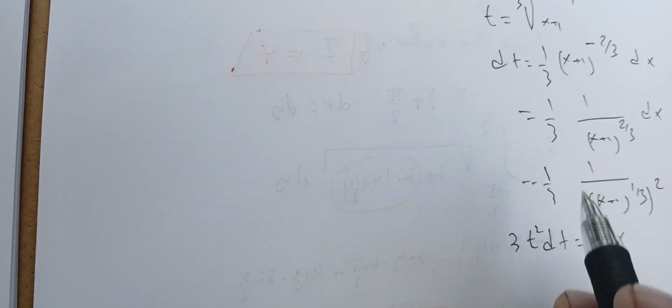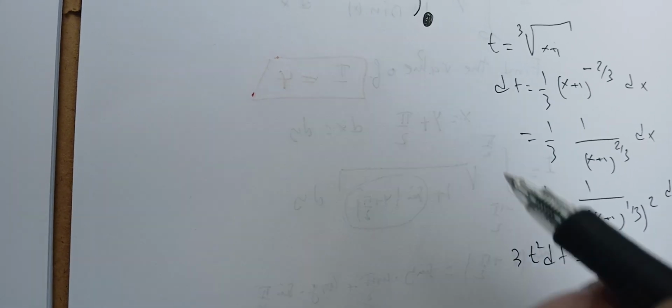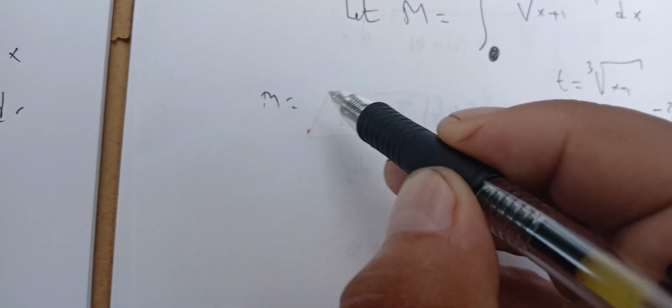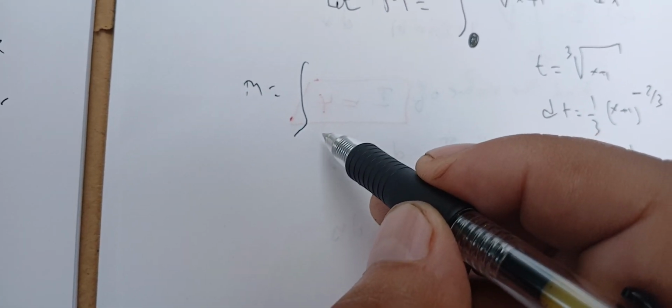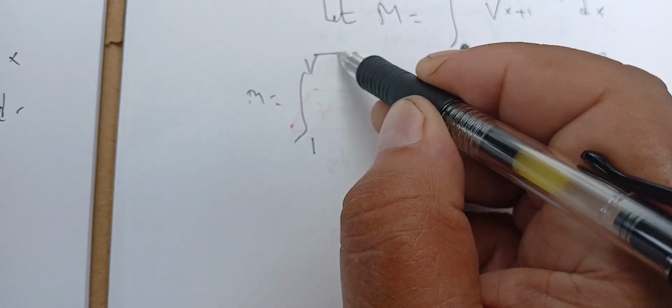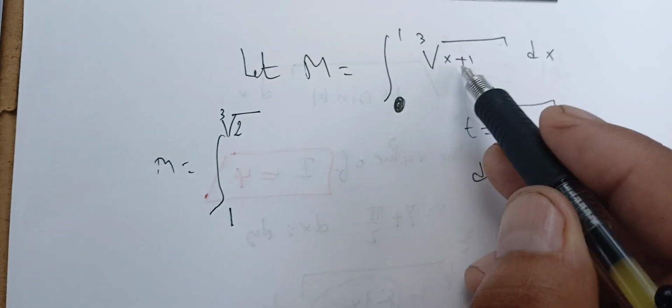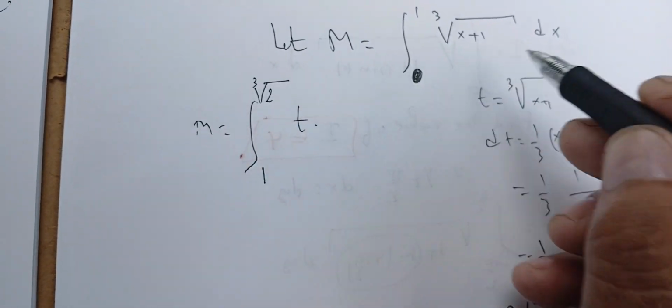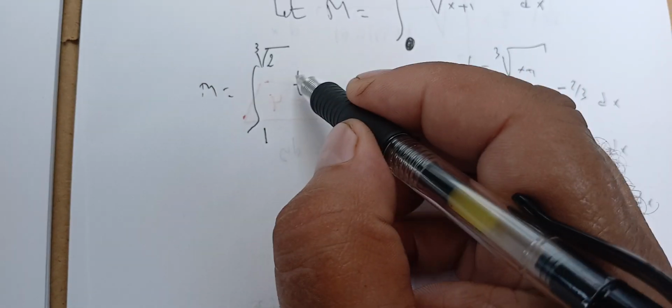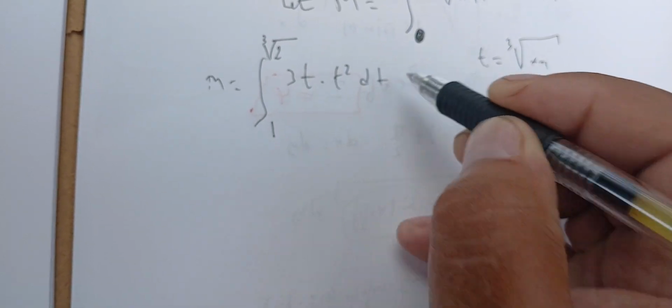Okay, let's go and compute our value here. We said that the bounds are going to change to 1 and the cube root of 2. This is going to give us t times dx, and dx is 3t squared dt.